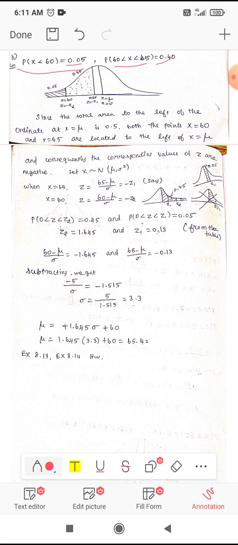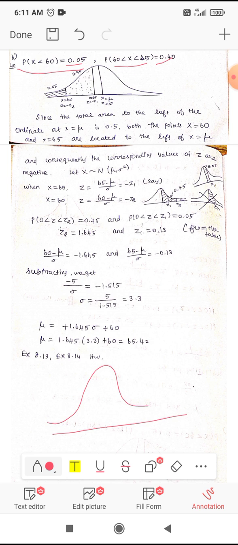So I am going to draw a graph. This is the shape of the normal distribution. Now I am going to consider 60 here, and 65 over here. This is our assumption only. The first one given is under 60, which is nothing but this region.